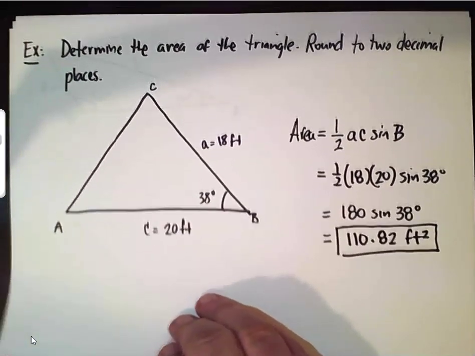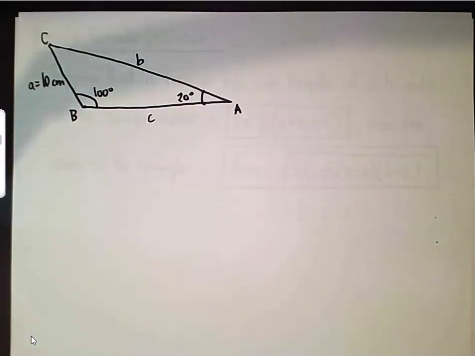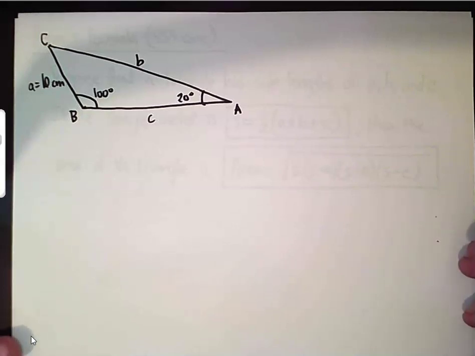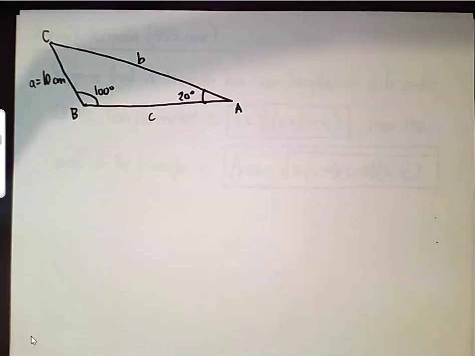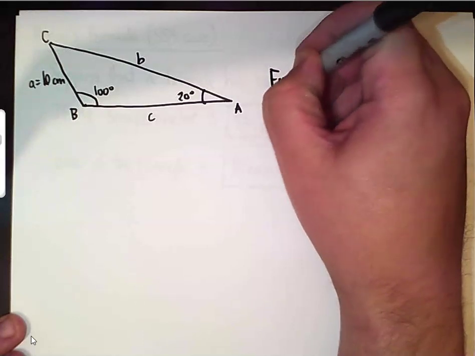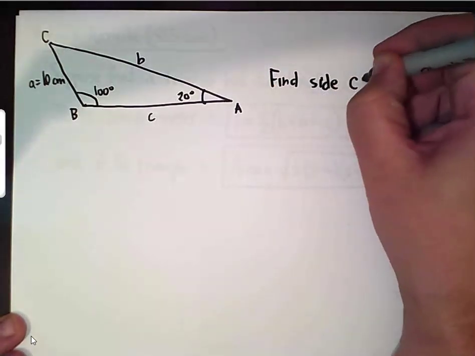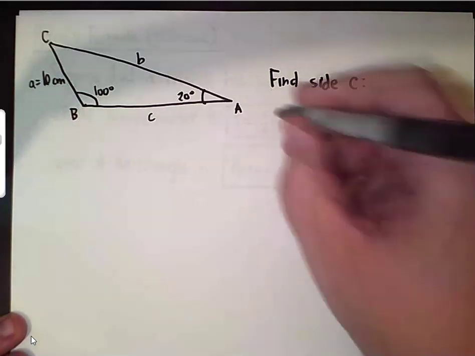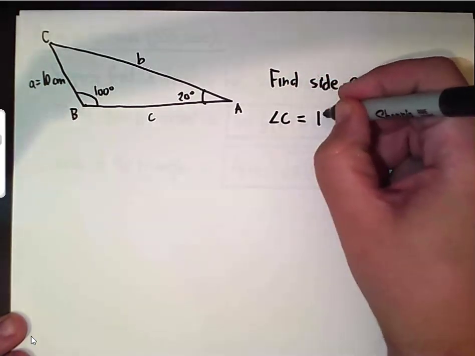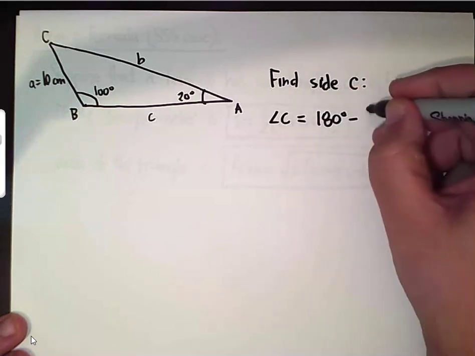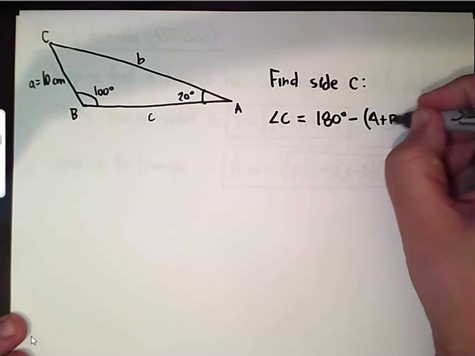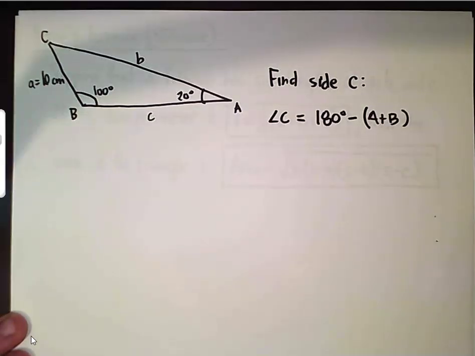So let's look at another one. Here's triangle ABC. This time I know two angles and a side. So first I need to find side c. Angle C is going to be 180 degrees minus the sum of A plus B, because when you add the three angles of a triangle together, you get 180 degrees. So A plus B plus C equals 180.